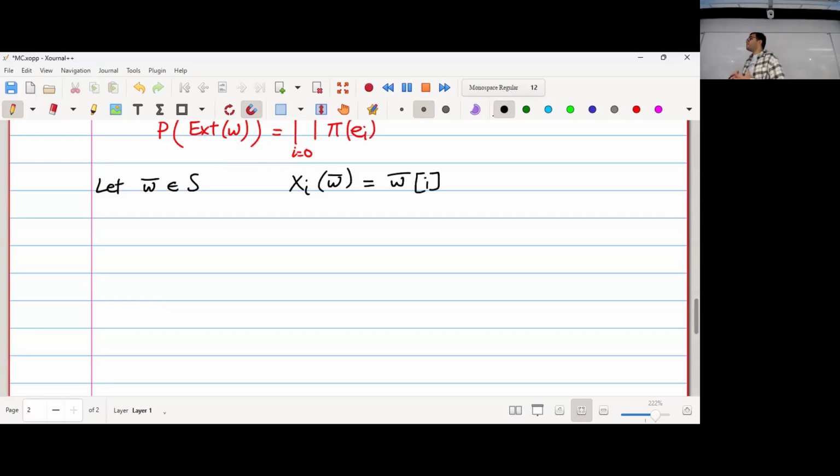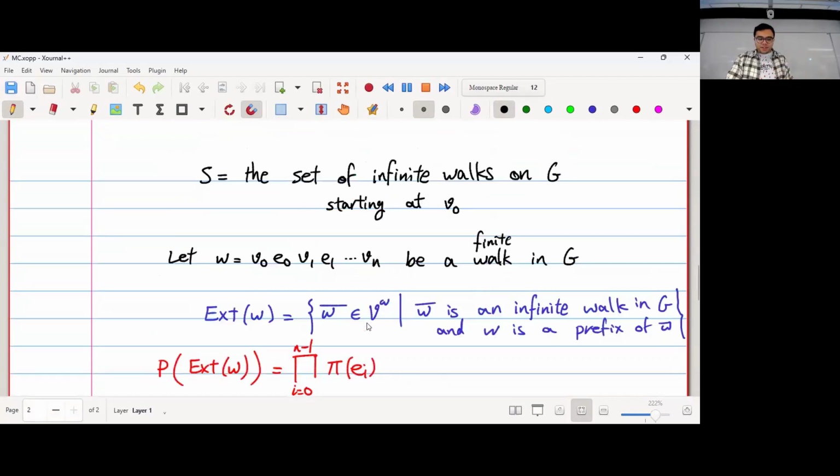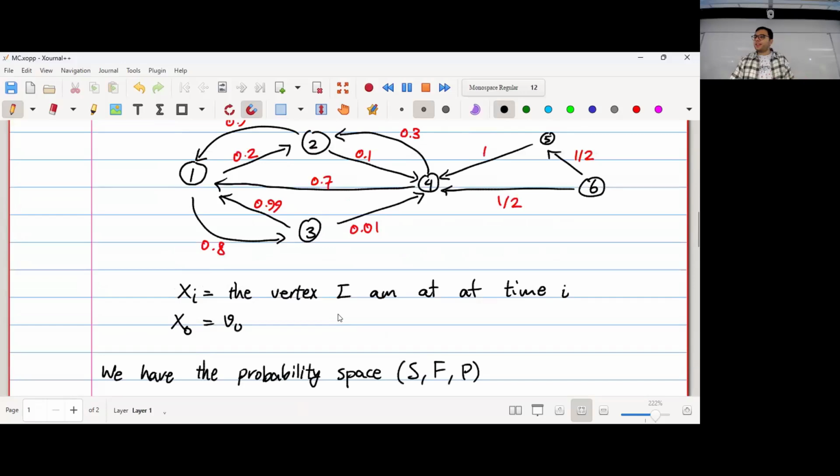So my random variables are mapping infinite sequences of vertices to one vertex. The idea is that Xi maps this infinite sequence of vertices to the vertex that I was seeing at time i, at index i. So now my random variables are well defined. My underlying probability space is well defined. Everything is fine.